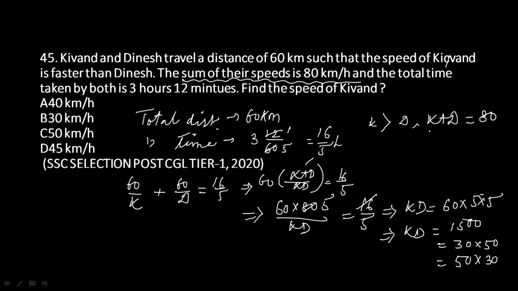So the value of k is 50, and the value of d is 30. What is the question? Find the speed of Kivan. What is the speed of Kivan now? 50 km per hour. I hope it is clear to you. If you have any doubt regarding this problem, you should ask. Moving to the next one.